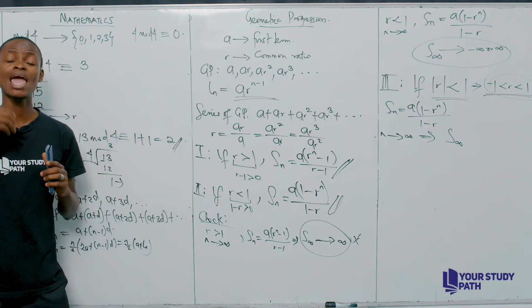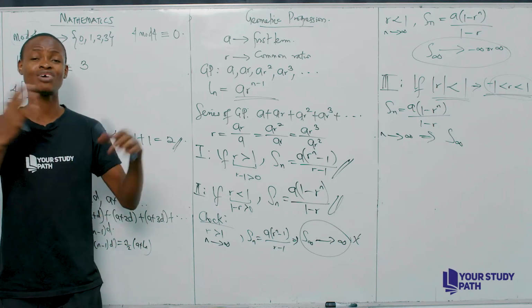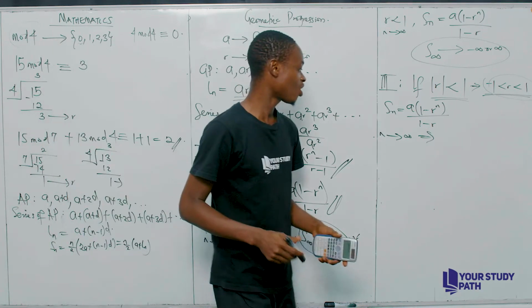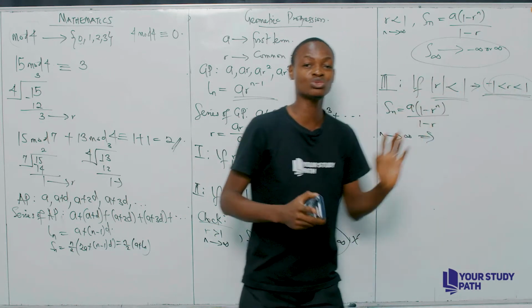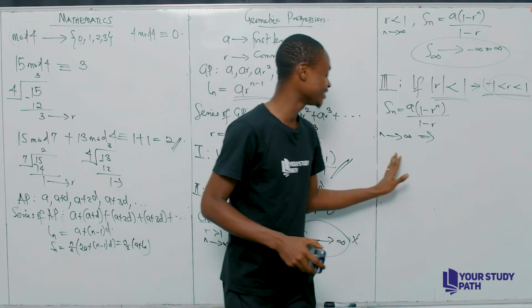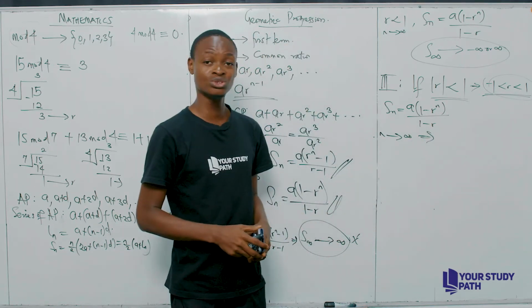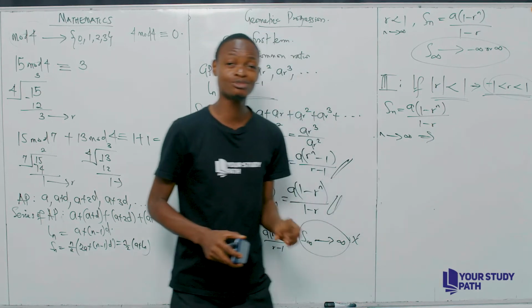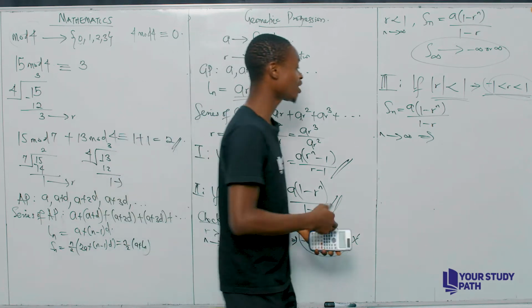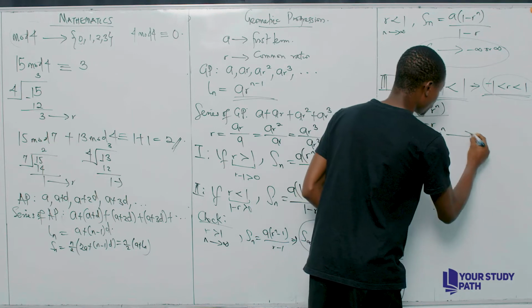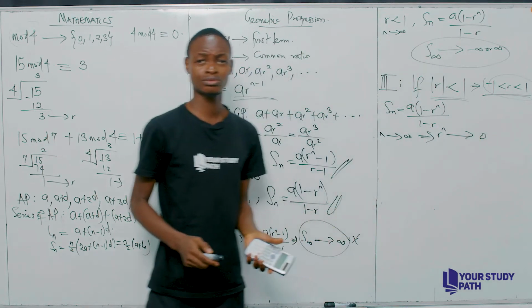Which means that once the common ratio is between the values of minus 1 and 1, then if you raise it to any large number, regardless of how large the number is, you will still have that r raised to power n will tend to 0, right?